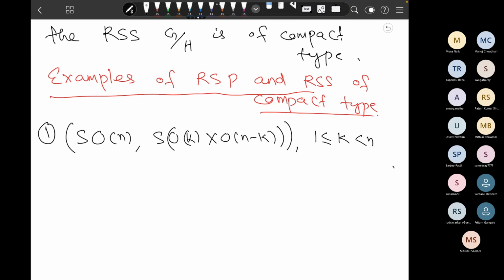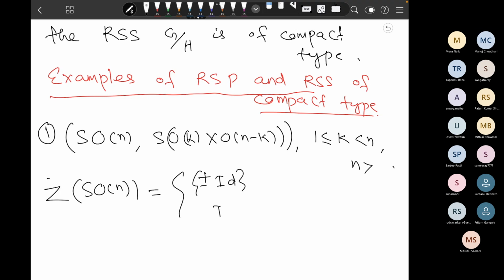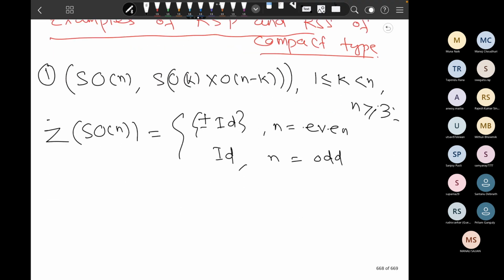Z of SO(n) is plus or minus identity if n is even, and identity if n is odd. But you have to exclude the case n equal to 2, so n is greater than or equal to 3. This is the Grassmannian example.